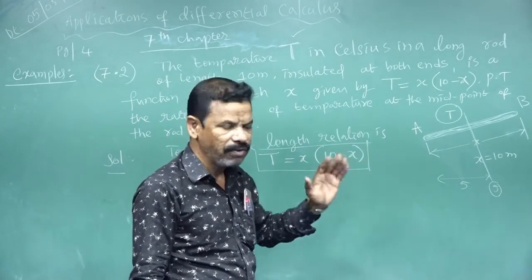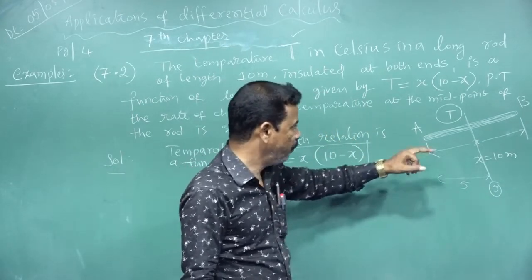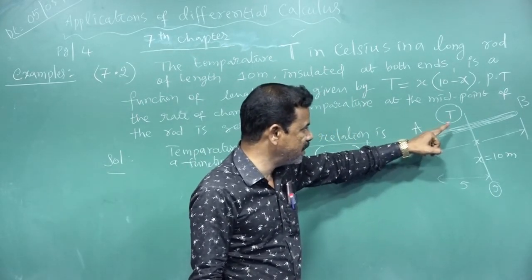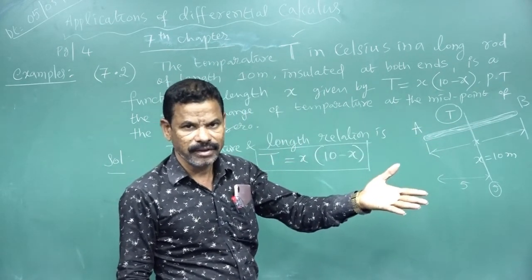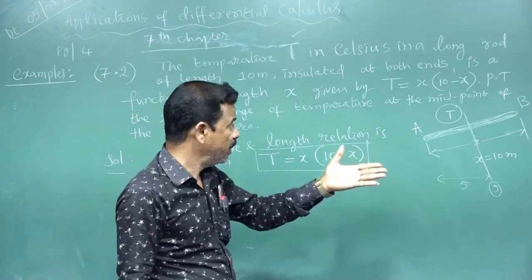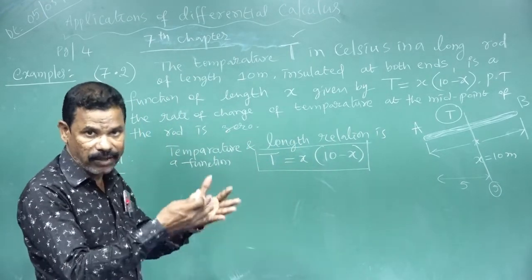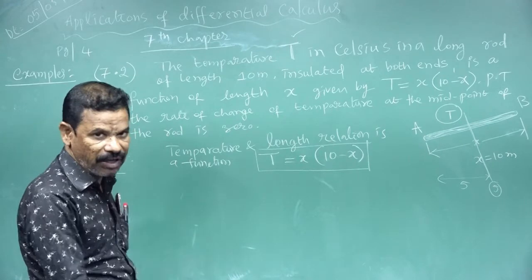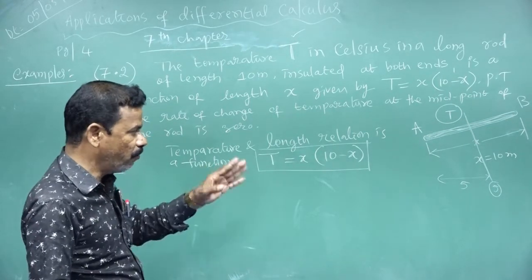Midpoint means at 5; we have to show this. Where is dT/dx equal to 0? What is the x value? Actually at x = 5, we can prove that.